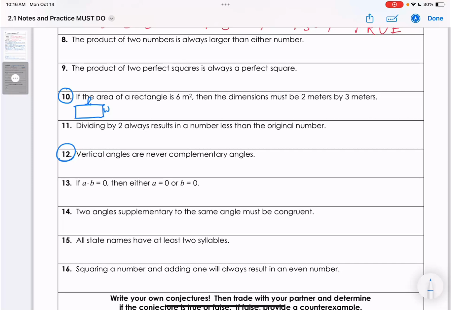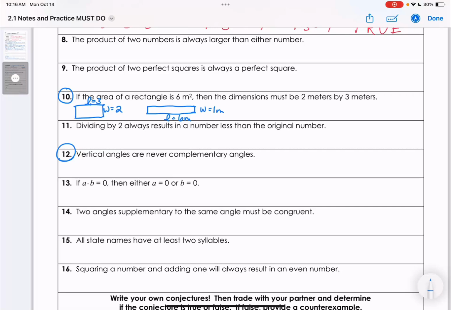I just picked the length as the larger one. So yes, if the length is 3 and the width is 2, it is 6. What if we, though, had the width being 1 and the length being 6? So 6 meters times 1 meter would give you 6 square meters.